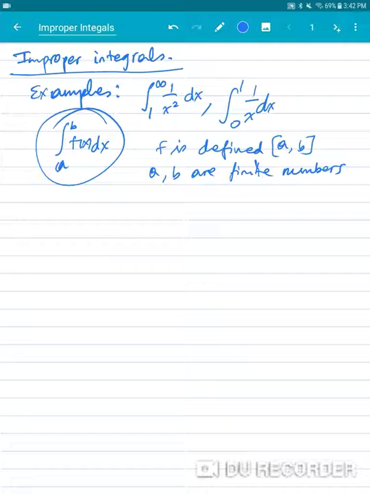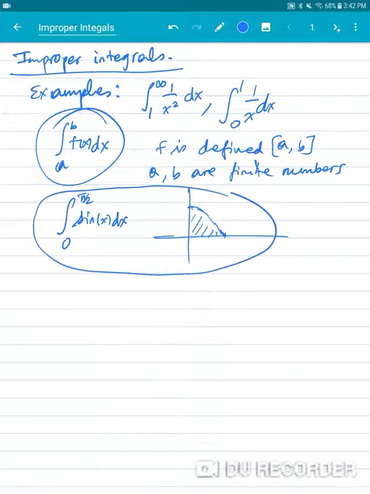So we don't have infinity as one of the limits. For example, we integrate from 0 to pi over 2 of sine of x dx. That is just the area under the sine function. So that's a proper integral, a nice and fine definite integral.